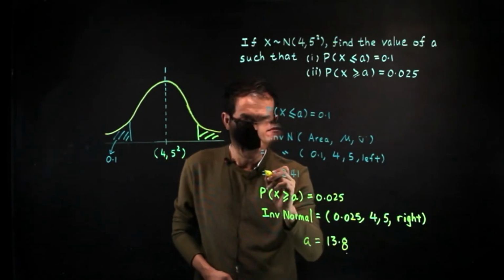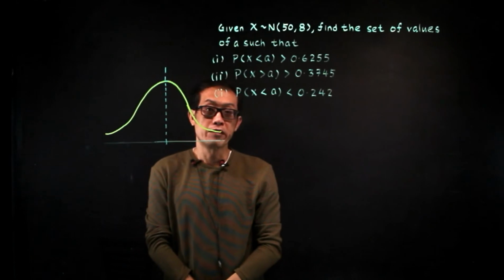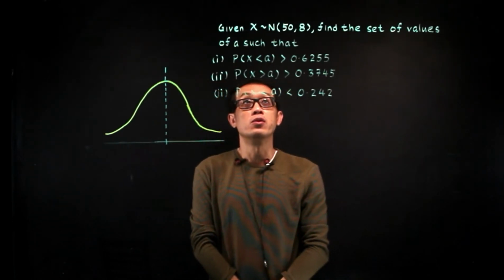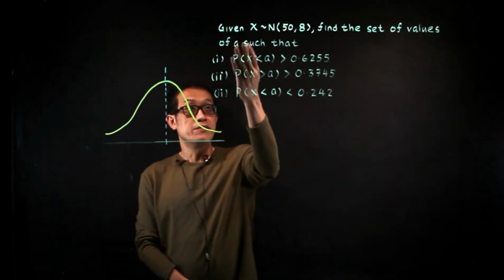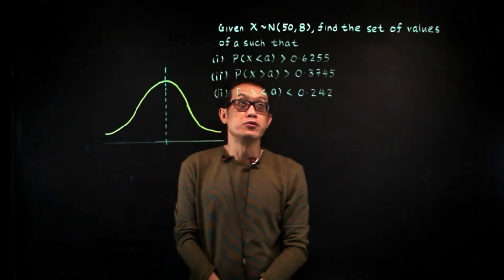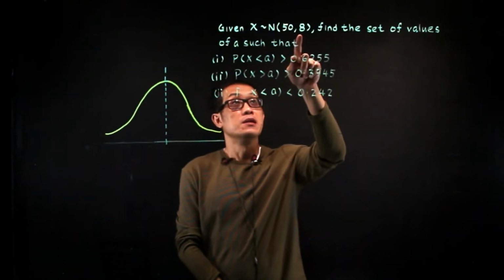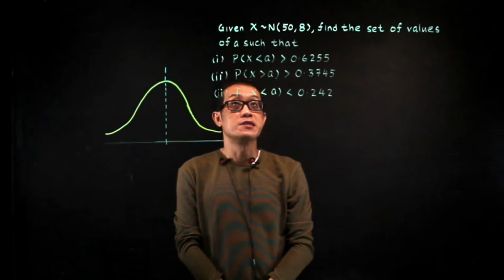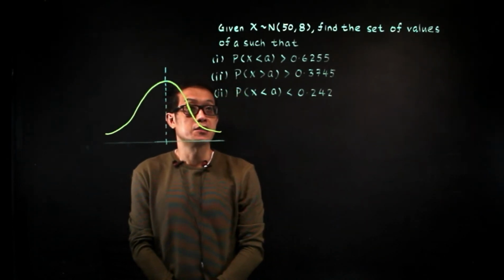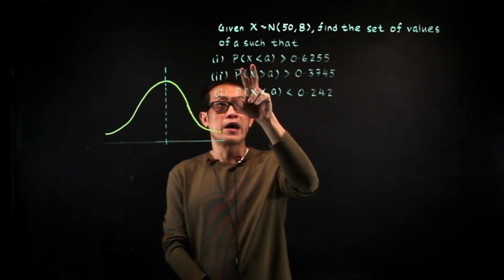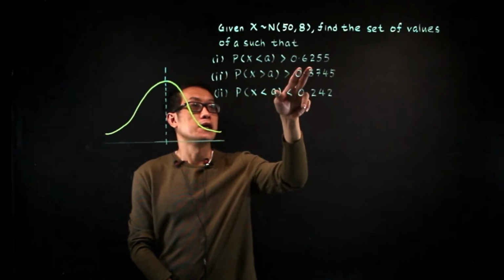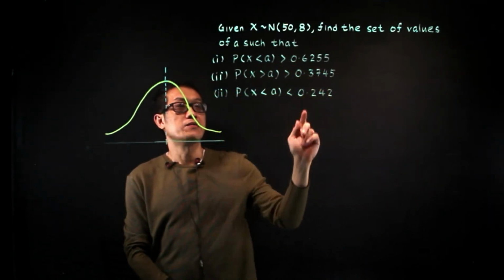In this question, we have come to the last part of this video. Given that x is a normal distribution with mean 50, variance 8, find the set of values of A such that the probability of x smaller than A is greater than 0.6255.